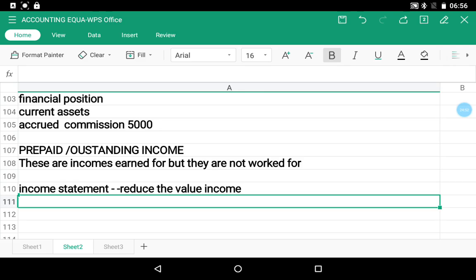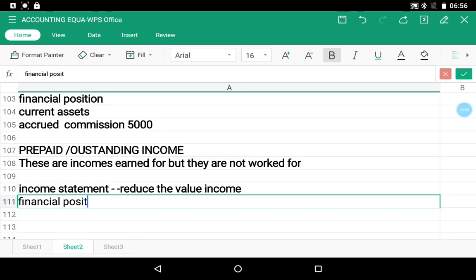Then under financial position, they are recorded under current liabilities.